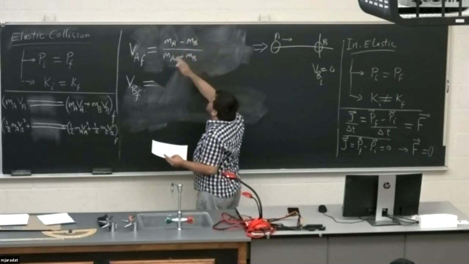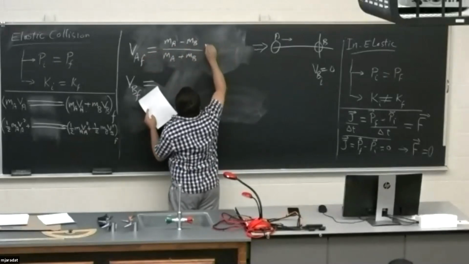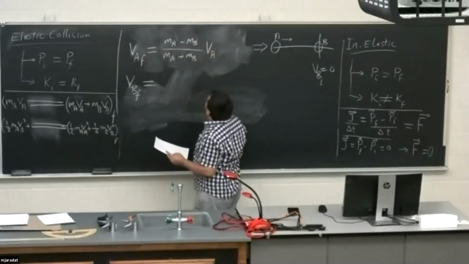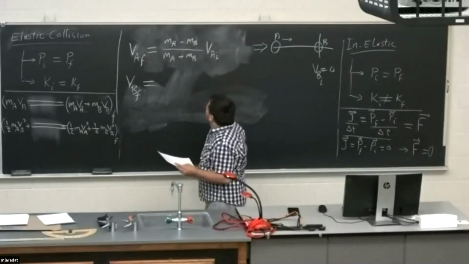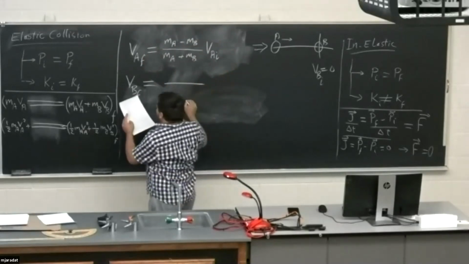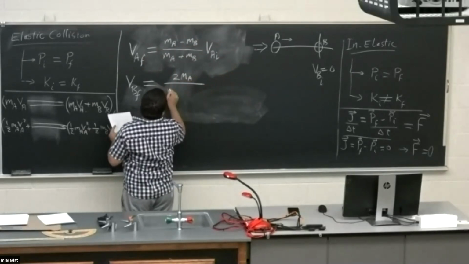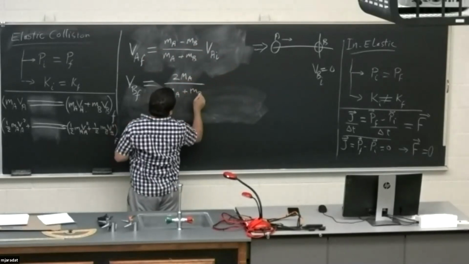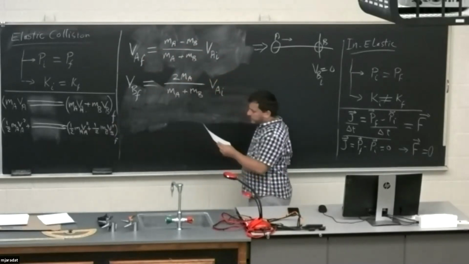We need another velocity because we need the right hand side to be a velocity like the left hand side. And VB after will be 2 MA over MA plus MB multiplied by VA initially.